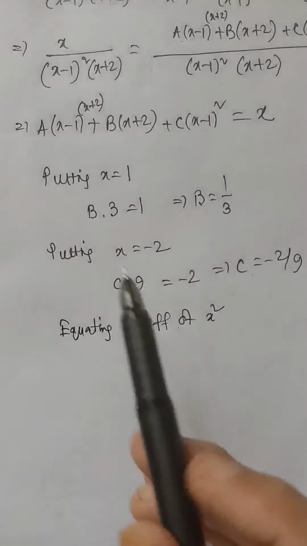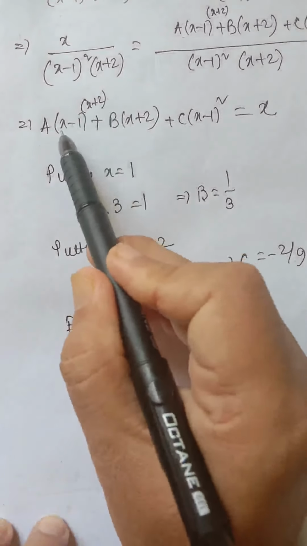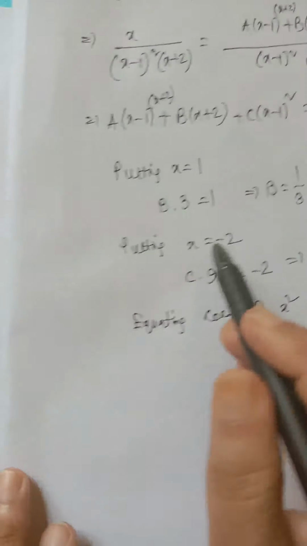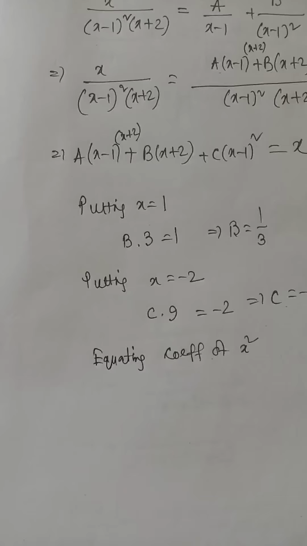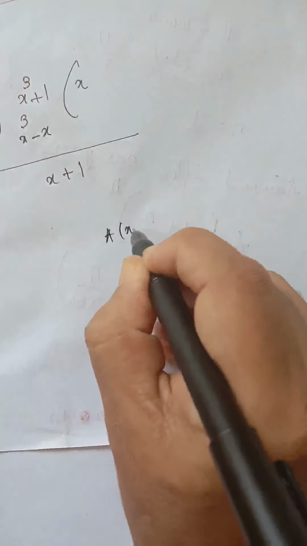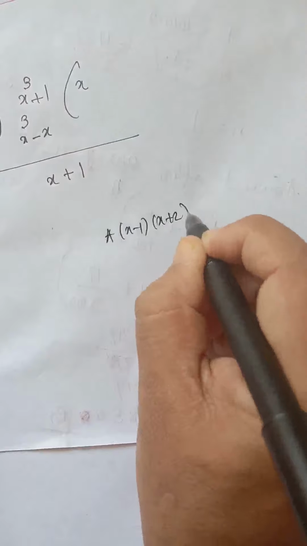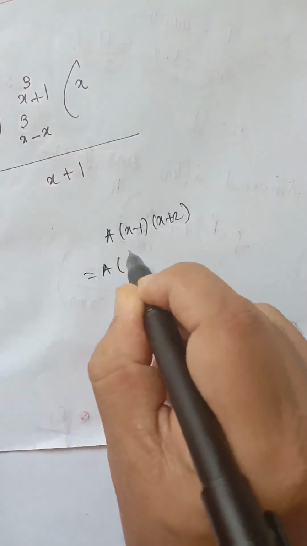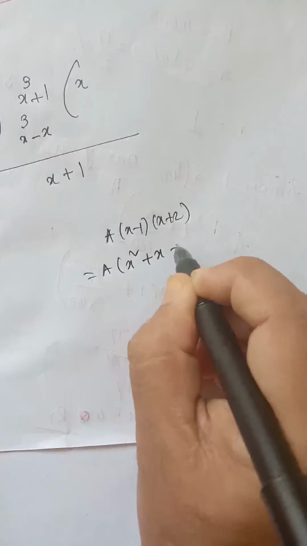And how do we equate the coefficient of x square? If we multiply these two, I am just writing here to explain. See the first term, a into x minus 1 into x plus 2. If we multiply, we will get x square plus x minus 2.